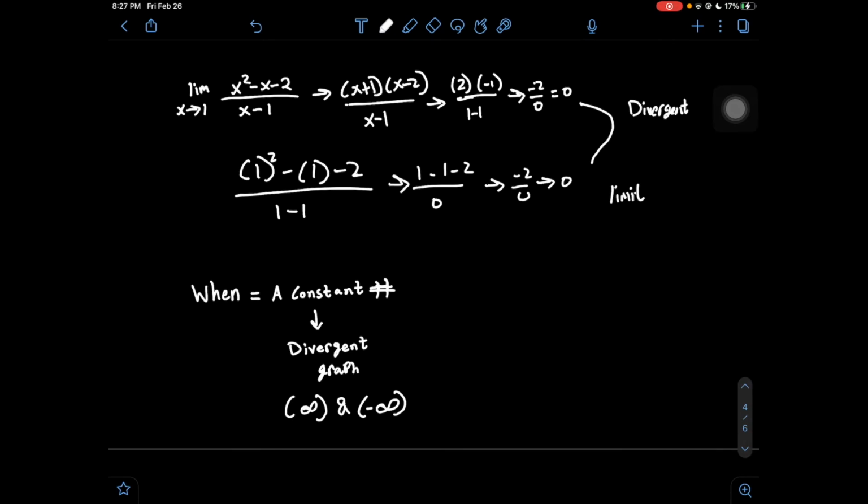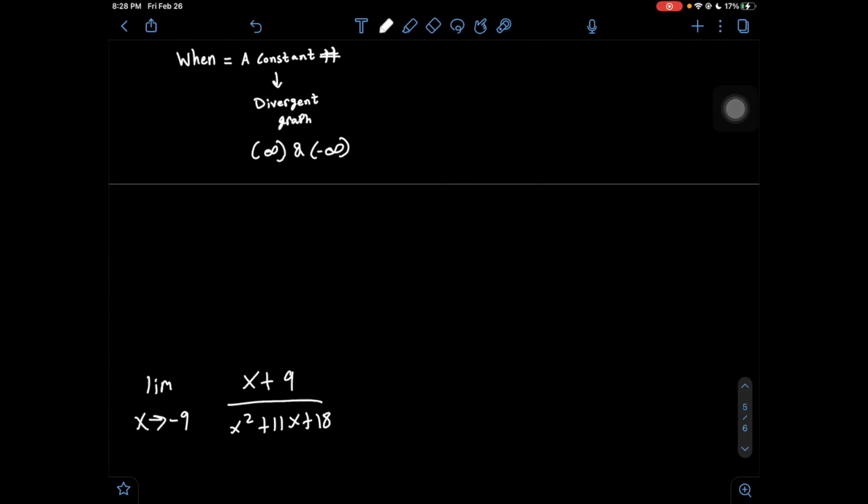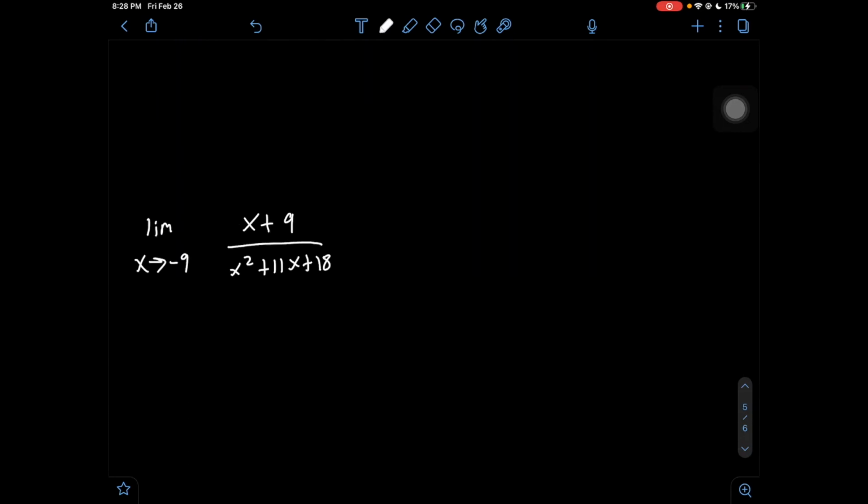The limit of this equation, x squared minus x minus 2 over x minus 1, is actually infinity and -infinity. So that's one thing you should write in your notes. When you keep getting this, it's called a divergent graph or divergent equation, and your limit is infinity and -infinity.